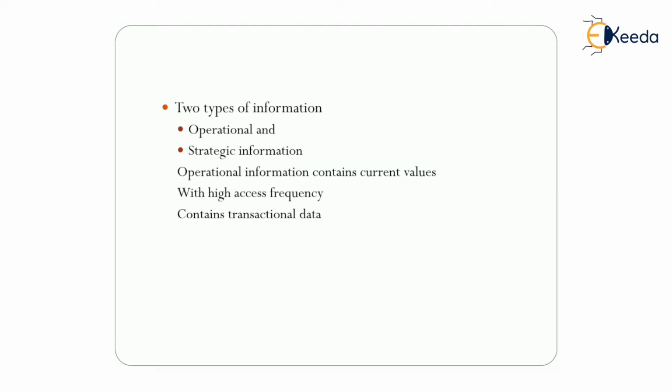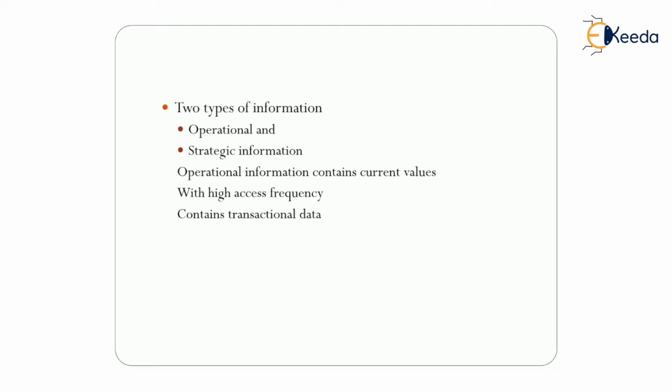Strategic information. Basically, there are two types of information: operational information and strategic information. The operational information contains current values. For example, if you are going to a bank, you deposit or withdraw or perform different operations.